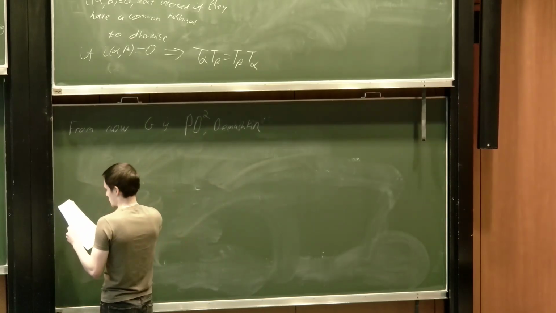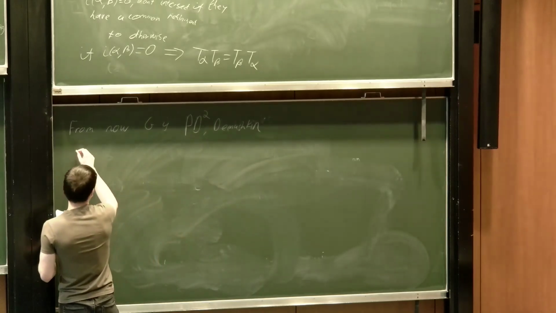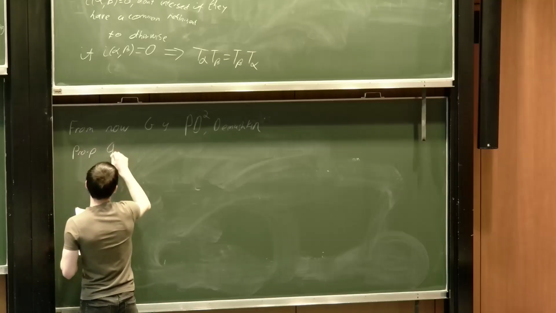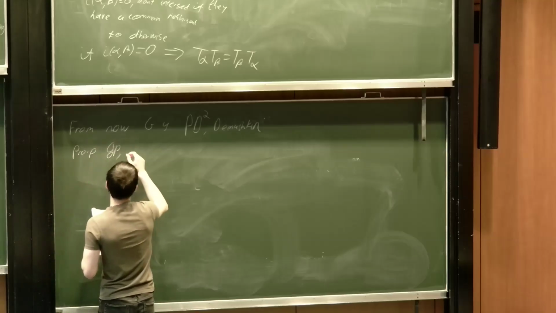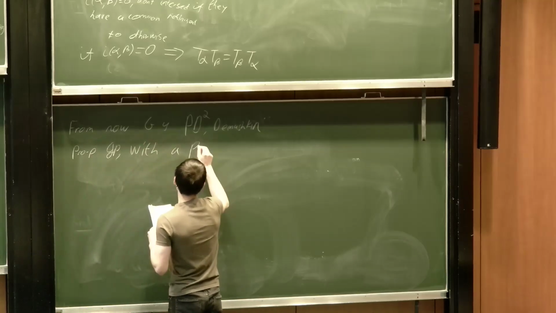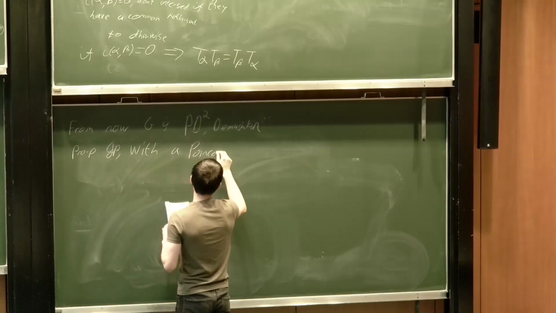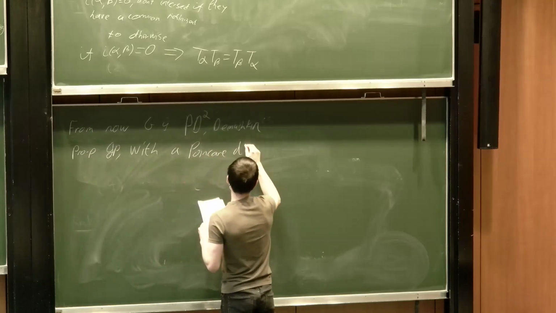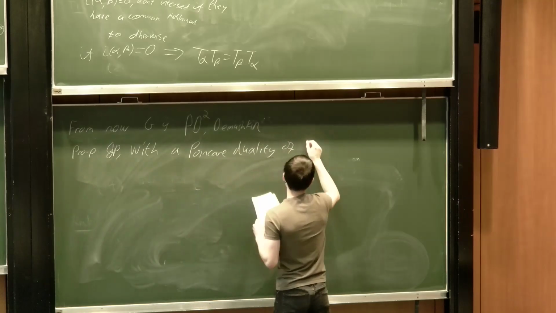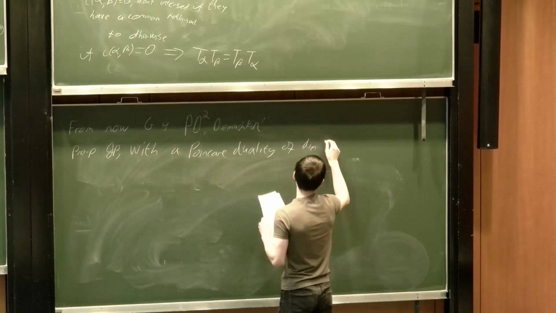So first of all, this is a pro-p group with cohomological dimension 2.